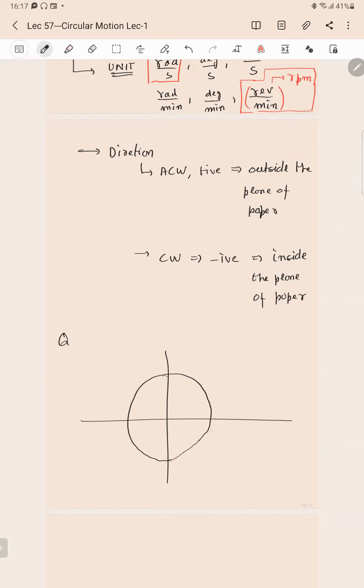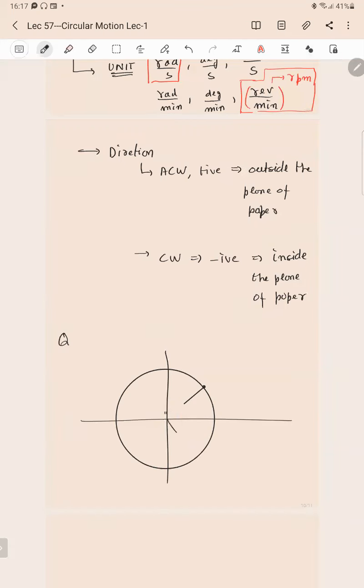Sorry, I'll try to make a nice circle for you. Just a minute. Let's say I've got a particle over here. Initially, the particle is here. And after that, the particle comes here.